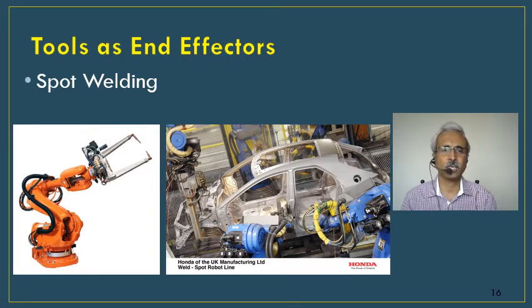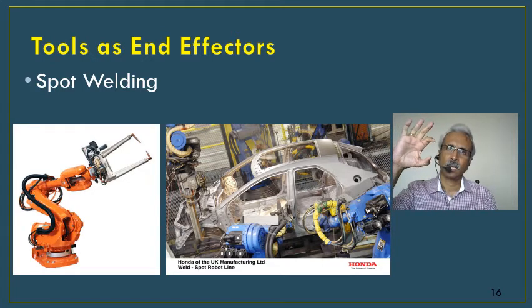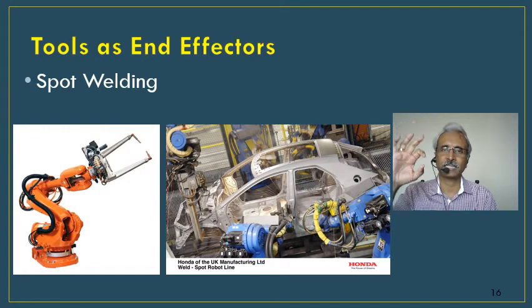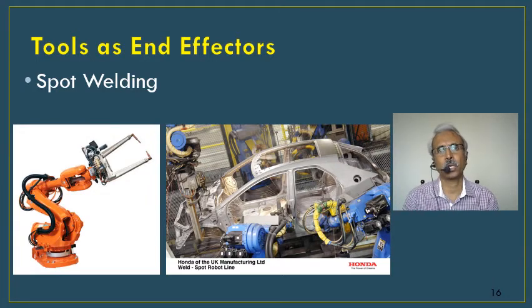So the first one is spot welding. If you recollect the couple of videos which I showed in the beginning, in a typical automotive assembly shop, you can see a lot of robots doing this spot welding. Spot welding is very important because you have to do the welding at a precisely exact location, and of course the welding also should be perfect, which is very difficult for a human being to do, where a robot can do a better job.